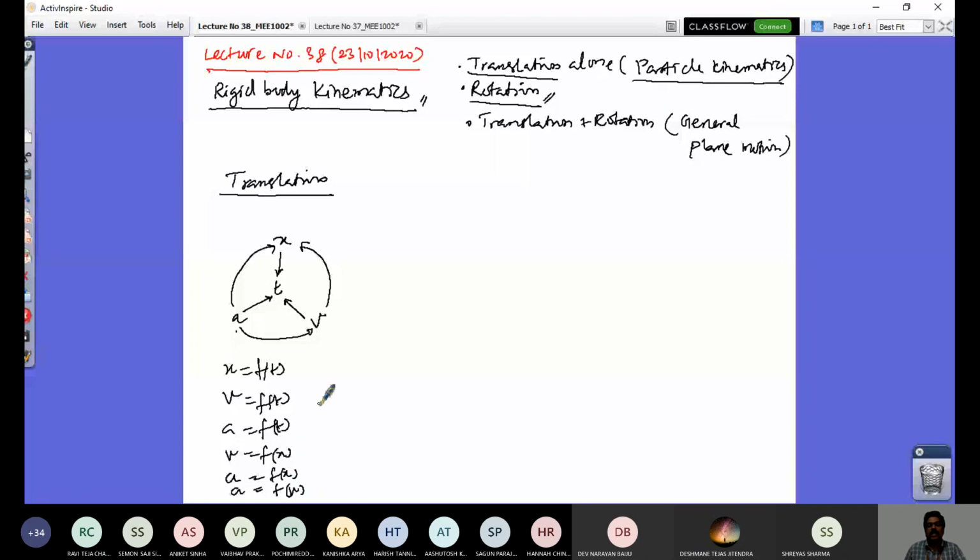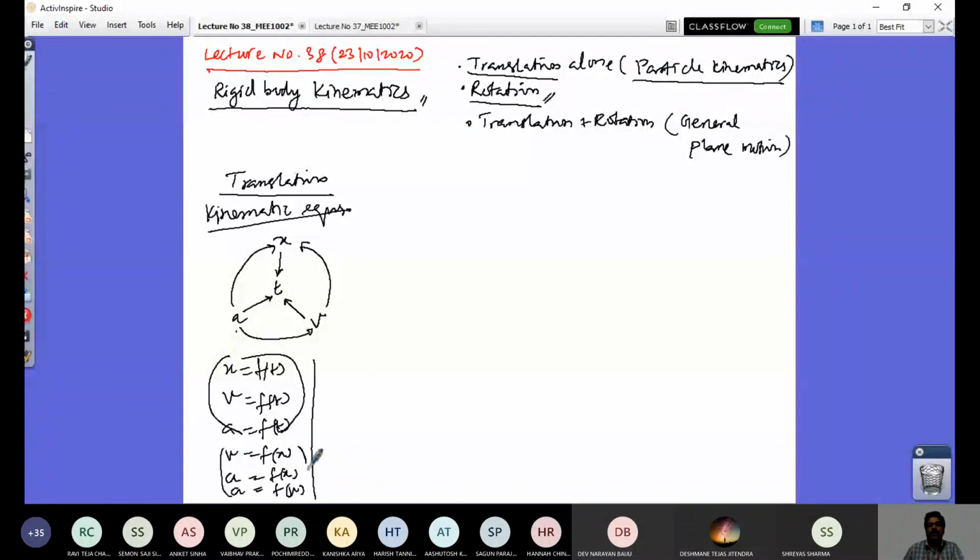So these are the 6 equations that I need to define a complete motion geometry of a translating body without considering the cause of the motion. These are called kinematic equations. Out of this, these 3 are called primary motion equations, and these 3 are called secondary motion equations.